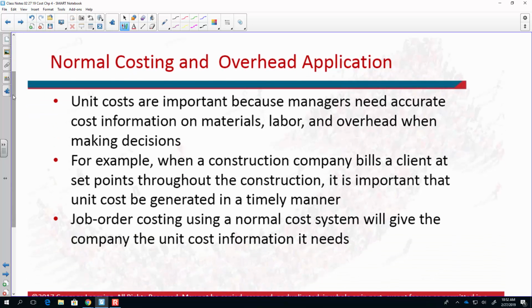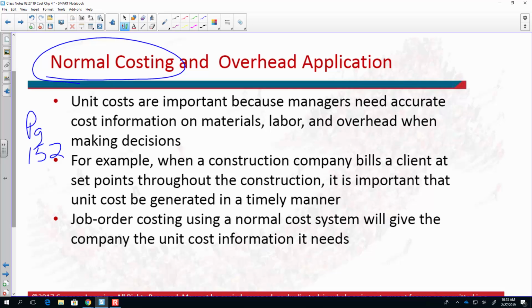Now, new concept, new terminology here. It's called normal costing. This is on page 152. Whether we're using job order or process, most companies, 99%, have some kind of application of overhead.